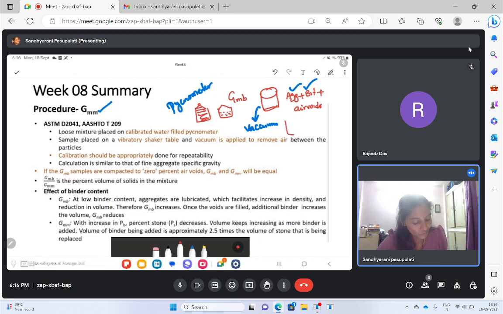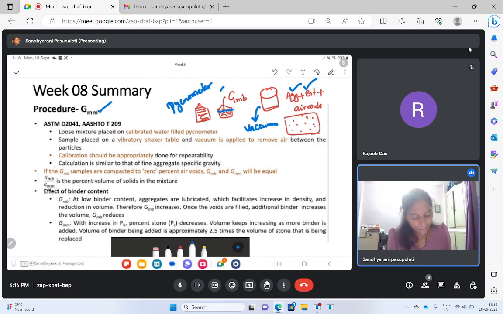After taking that out, we try to spread that loose mix on a surface, because we want all the material to be separated. We do not want any flocculation. So we try to separate it when it is hot itself, because it is very difficult to separate when it becomes cold. After separating that, we place them into this pycnometer, and we fill some water to the level of this loose mixture.